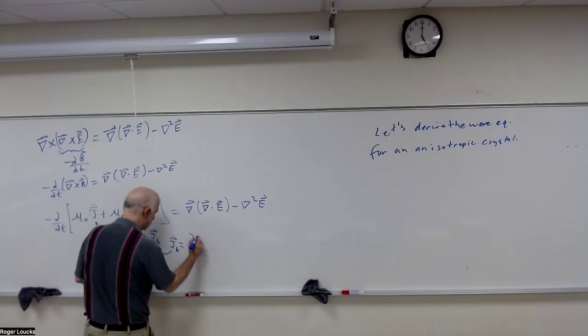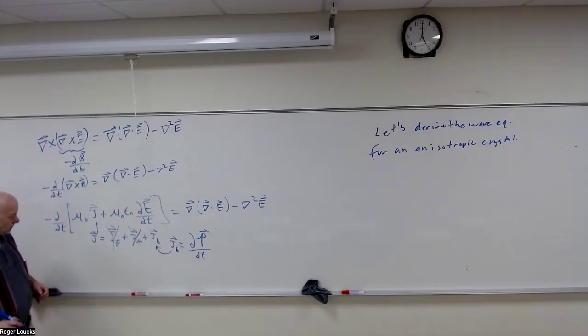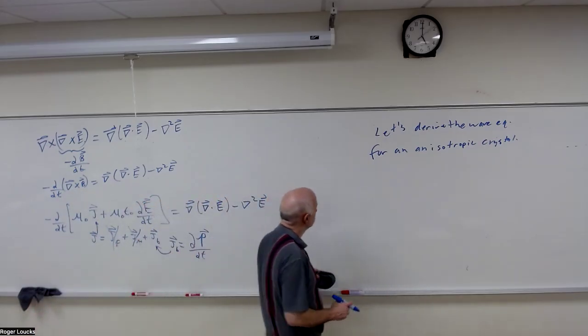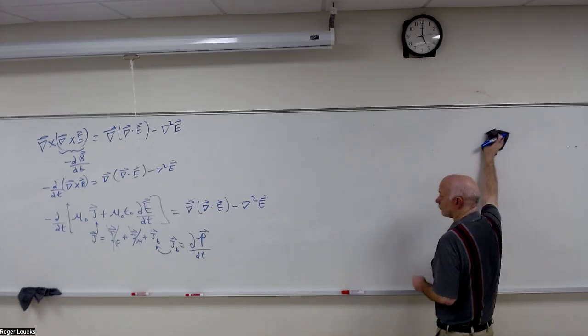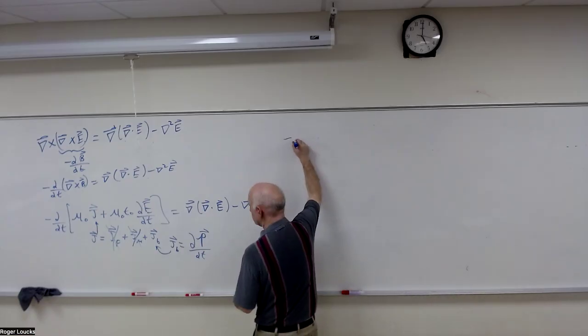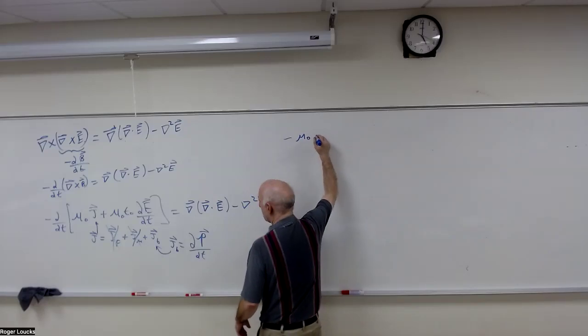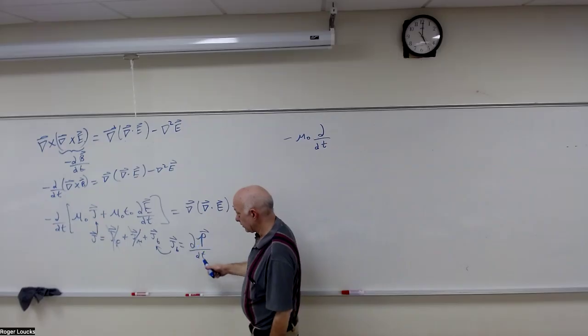Partial of P with respect to t, where P is the polarization vector. Make sense? So we put this all in here. What do we get? We get minus mu naught partial with respect to t, acting on this guy here.